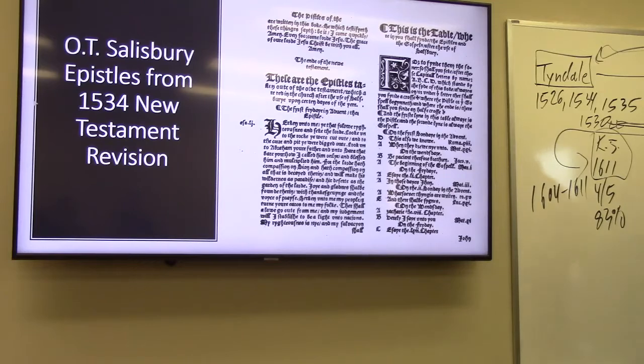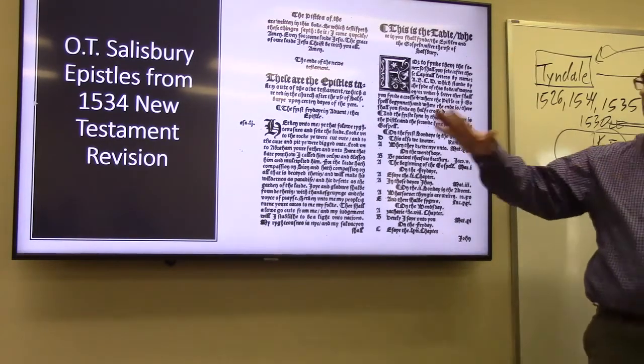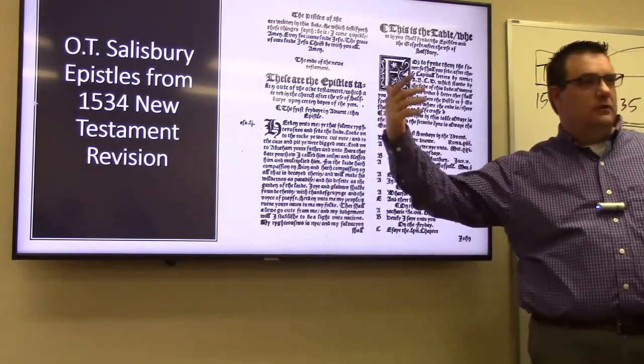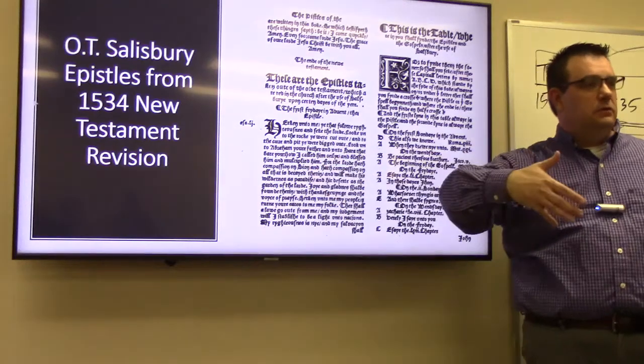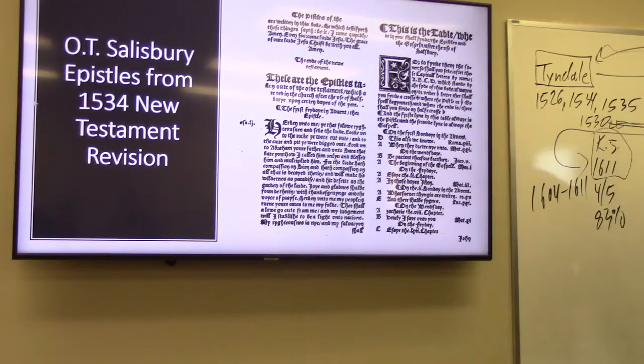Okay? And in the back of his 1534 New Testament, he includes extra translations of the portions of the liturgical psalter that was being used into English so that the people who were following that system could actually know and read and understand what was going on as they followed that system.